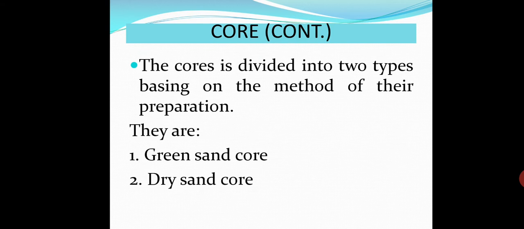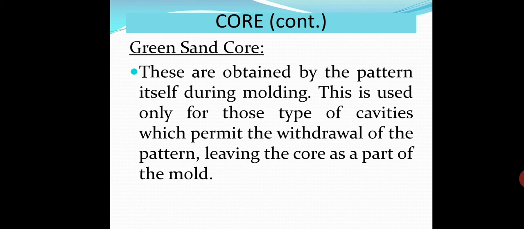The core is divided into two types based on the method of their preparation. They are green sand core and dry sand core. Green sand cores are obtained by the pattern itself during molding.